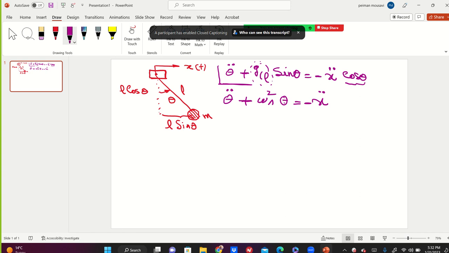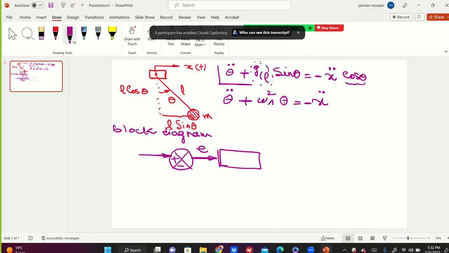Then I plotted the block diagram for the first time. The block diagram in control is very important. It was like this: plus minus, here was the error signal. This is the controller C, that's why you are taking the course.